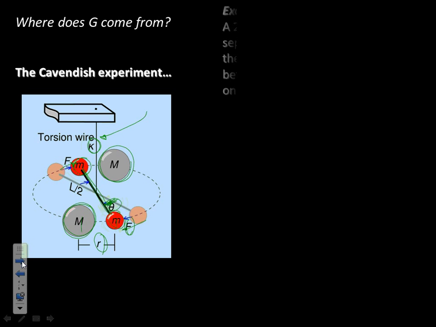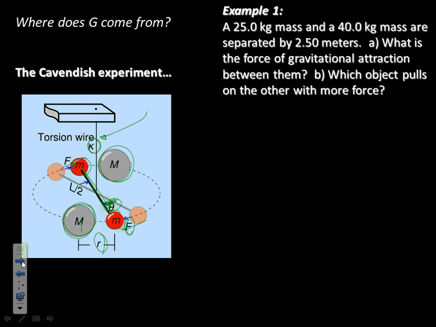Okay? Next. Here's an example. All right, so we have a couple of masses. We have a separation. What's the force of gravitational attraction between them is a crappy way to ask it, but what's the force of gravitational attraction that each mass feels?